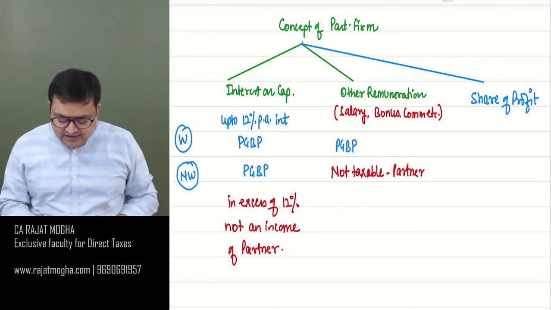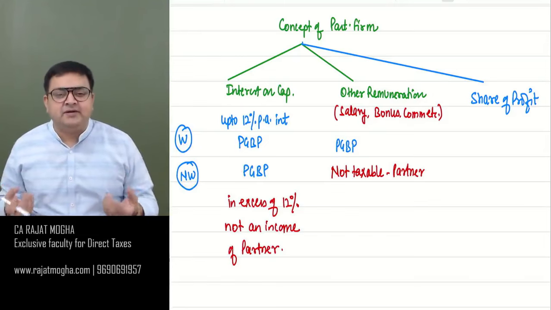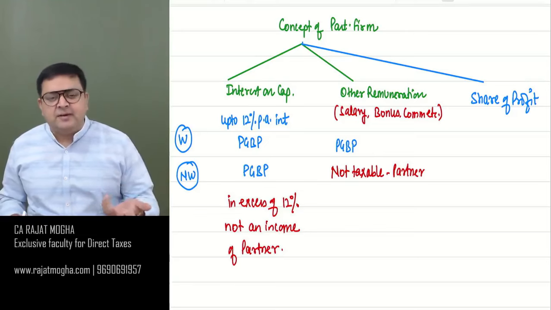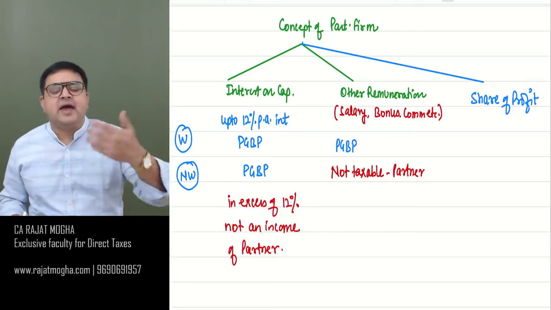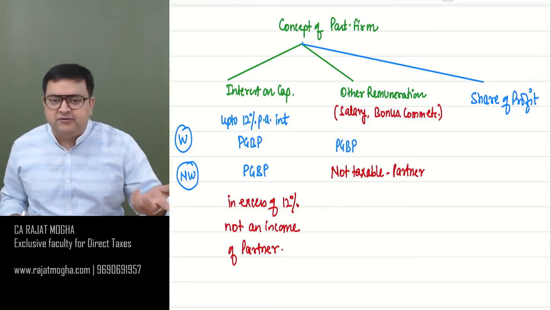See, I'm again repeating, for working and non-working, interest on capital is same. Why? Because even if it is an inactive partner, sleeping partner, non-working partner, he's getting interest on capital, which is on the capital invested. It is not on whether you will be working in the firm actively.